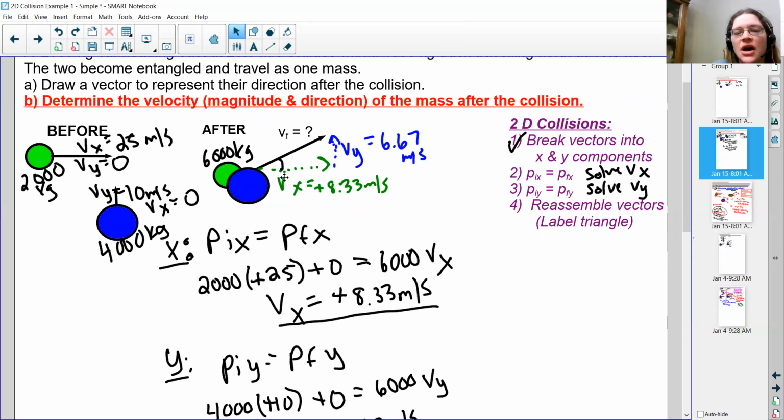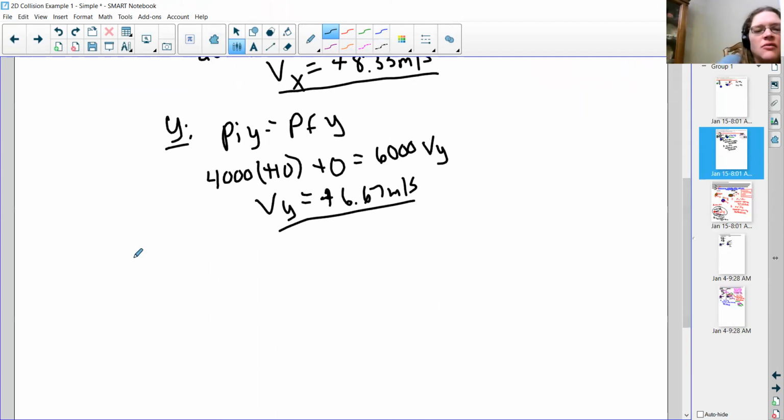So this is going to be basically using a little bit of right triangle geometry. So I am going to redraw it down here in the bottom just so I have more space to do this. You could work it out there at the top, but I want to be able to write what I'm doing just to remind you. So we want to reassemble.